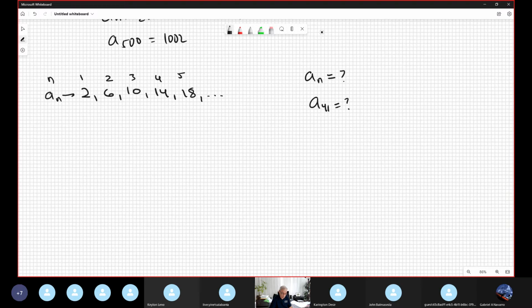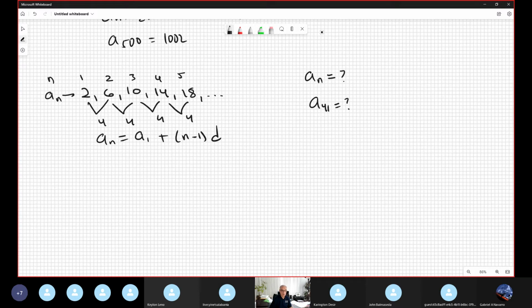What is the formula? Well, the formula is plain. A sub n is equal to A sub 1 plus n minus 1 times d. Who is d? What is the common difference? This is important. You subtract, and it is 4. So the first thing that you should do is verify whether it is an arithmetic sequence or not. You subtract one element minus the previous element, and the answer is constant, 4, 4, 4, 4, 4.